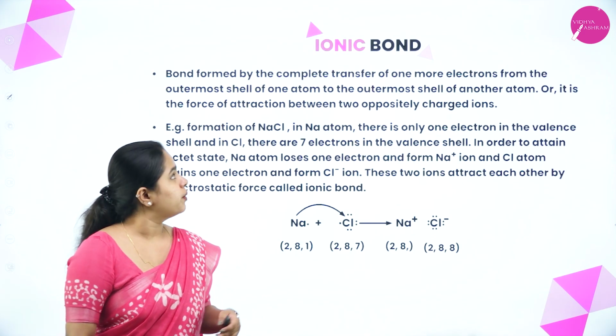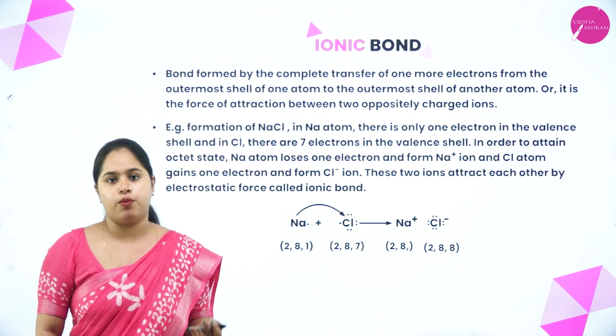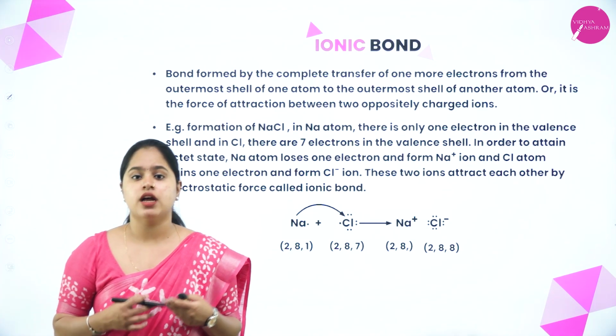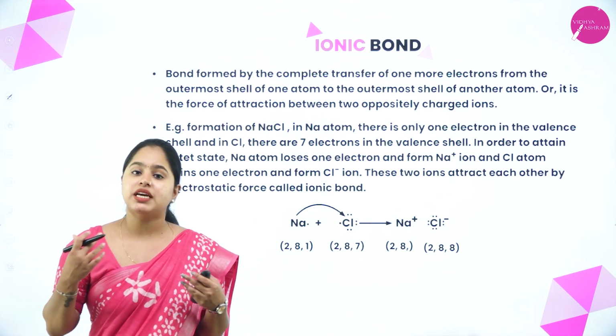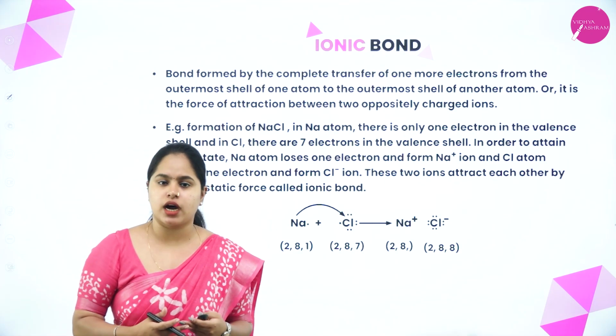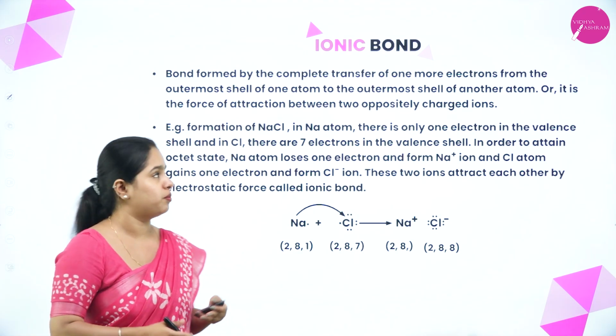So, beginning with the first one, that is ionic bond. We studied covalent bond in detail in the last session, right? So, how is covalent bond formed? By the sharing of electrons between two atoms. So, what is ionic bond or how is ionic bond formed? Let's see.